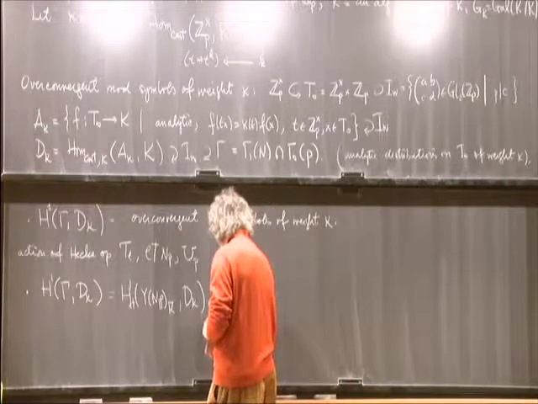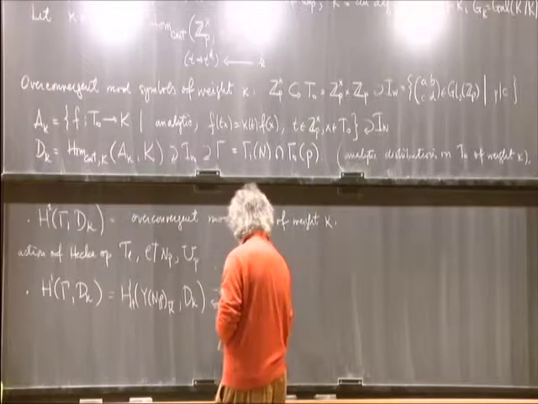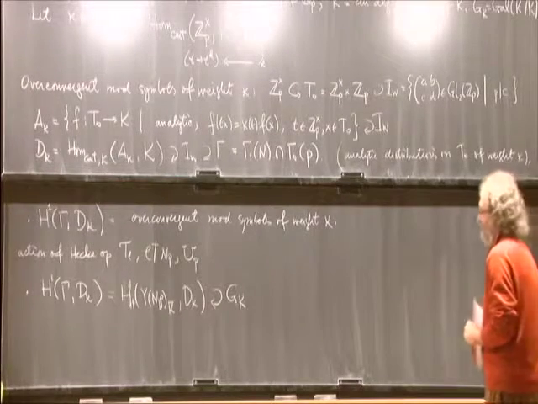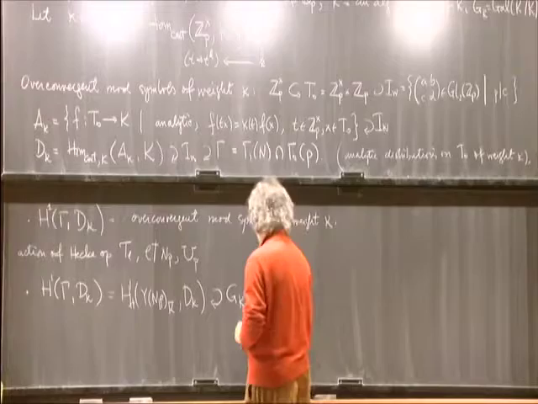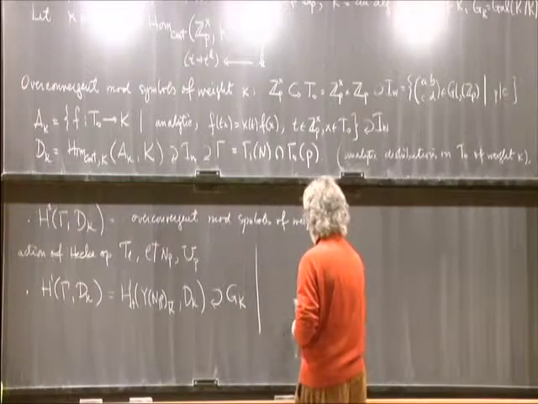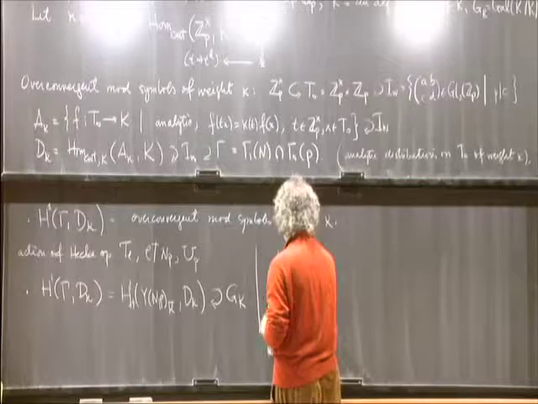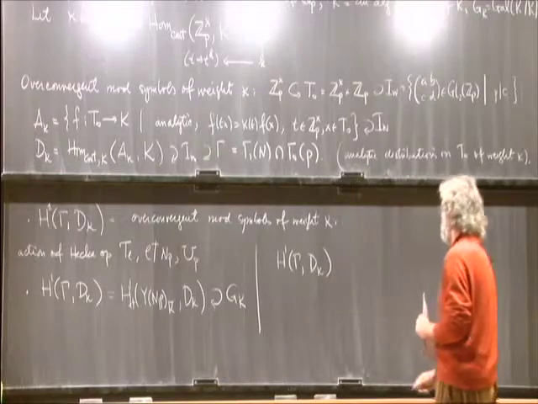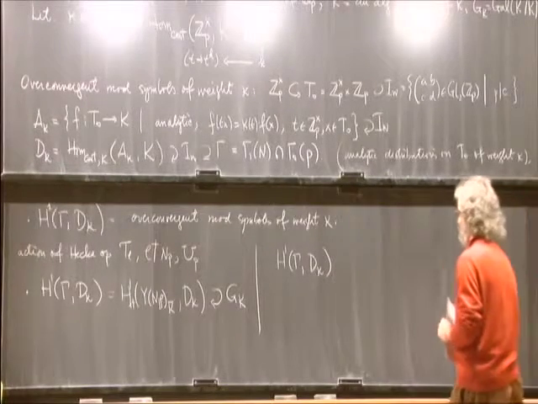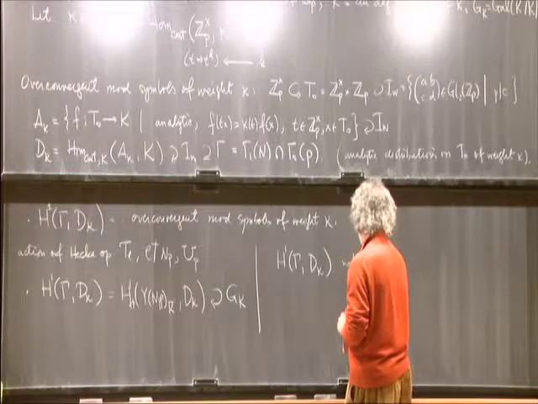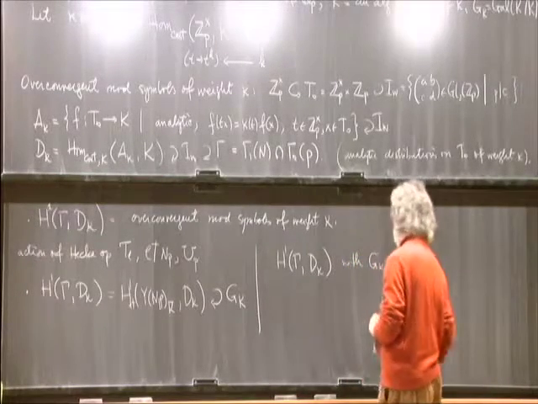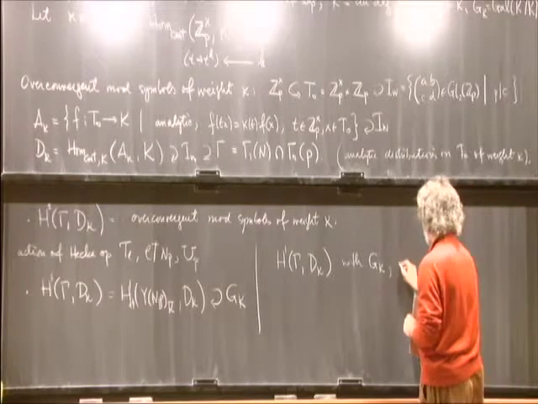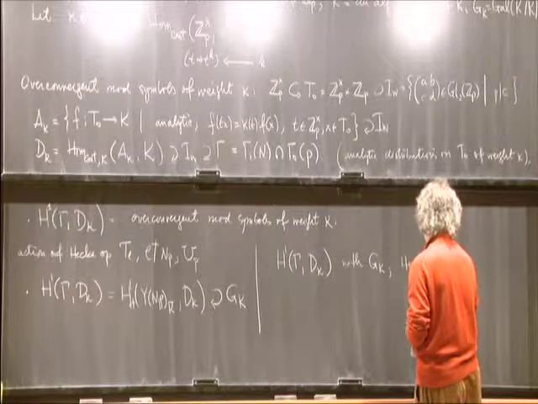And as such, this has a Galois action, an action of the Galois group of K bar over K. So what we have is this object, which is an infinite-dimensional K vector space with an action of G_K. So it's a sort of unusual p-adic Galois representation, and it's a Hecke module.